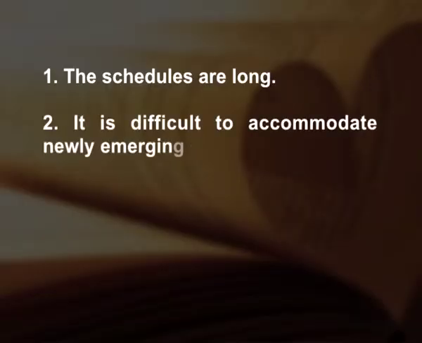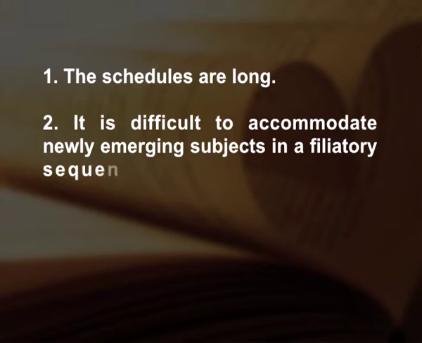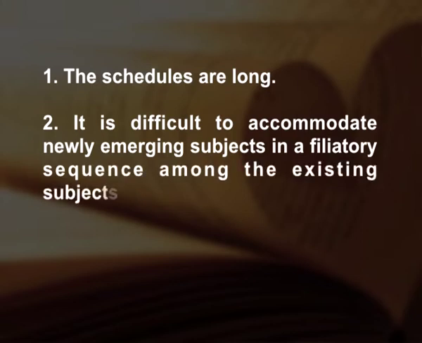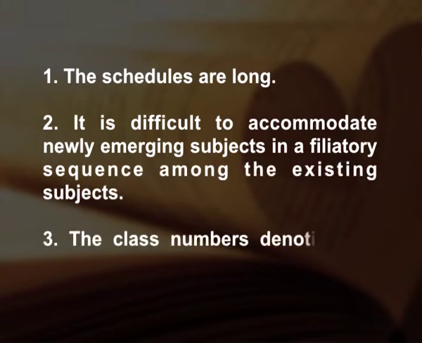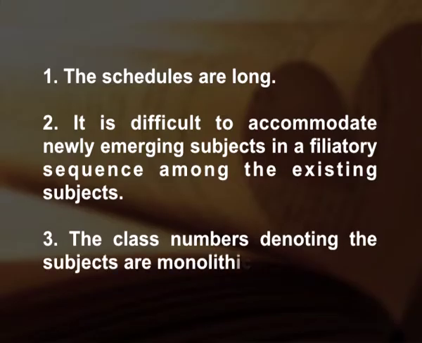It is difficult to accommodate newly emerging subjects in a filiatory sequence among the existing subjects. Third, the class numbers denoting the subjects are monolithic. They are not broken down into components using meaningful connecting symbols to denote the different components of the subject.